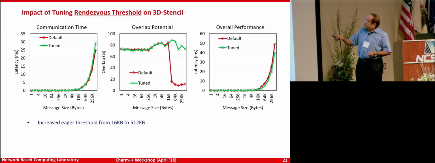This is where the bigger thing happens. With the default, you will see that after 16K there is no overlap here. But if I use 512 kilobytes, I get a lot of overlap. So the question is whether your application can take advantage of that overlap. If it has that kind of characteristic, then it is worthwhile to move toward this overlap.